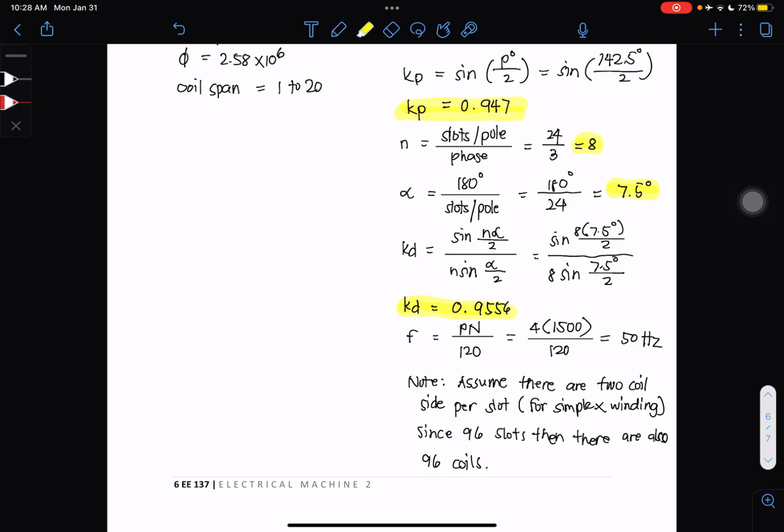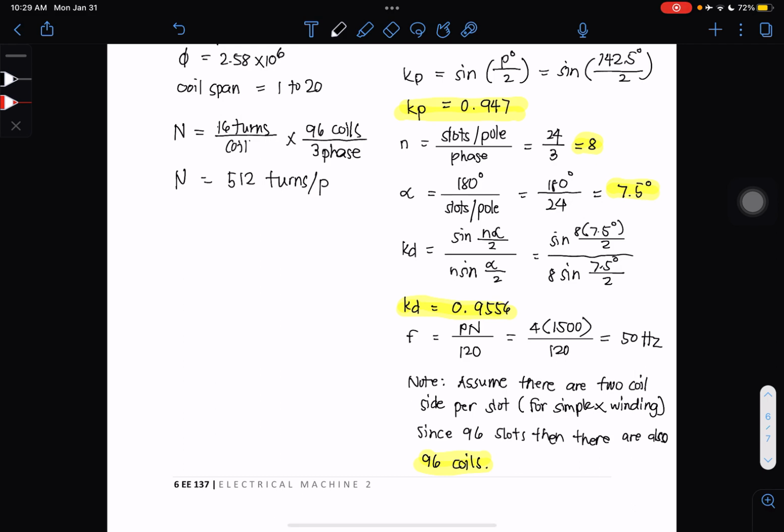So take note that we have 96 coils. And to solve for our N, it is equal to 16 turns per coil times 96 coils, per phase, 3 phase. So our N will be 512 turns per phase.